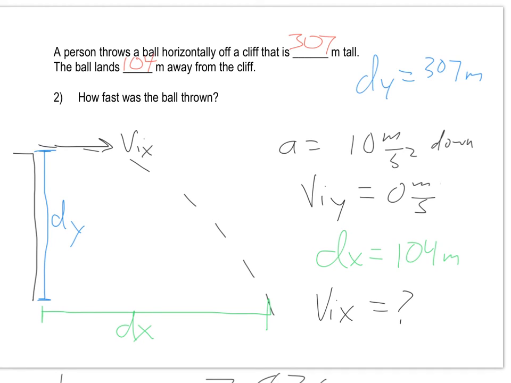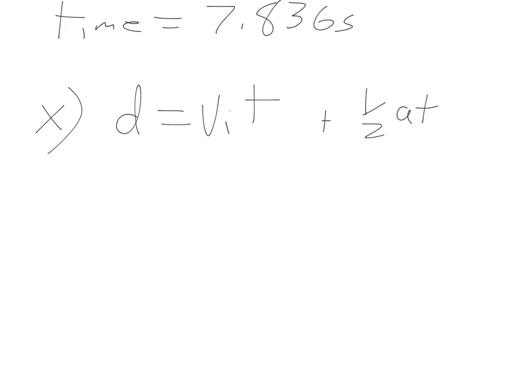That's the acceleration of gravity. That's an AY. There is no gravity left and right, which means that if I just look horizontally, there is no acceleration in that x direction. That AX is equal to 0. And so all this cancels out, and I'm left with this very simple relation of dx is equal to VIX times the time. Let me rewrite that so that the second part of the equation isn't even there.